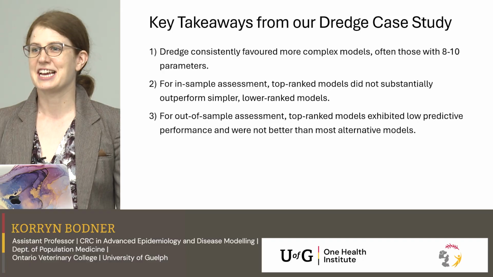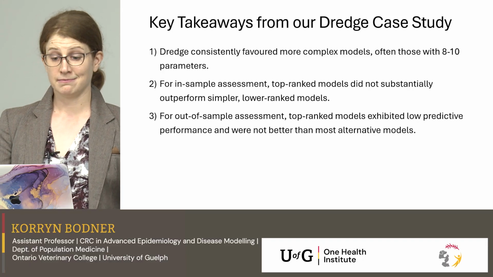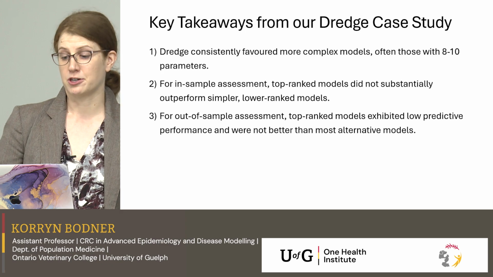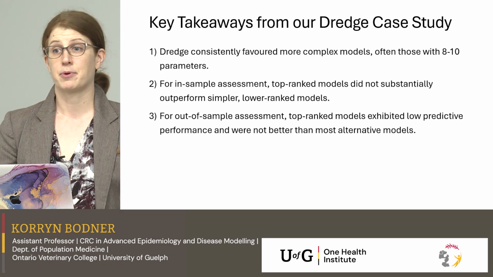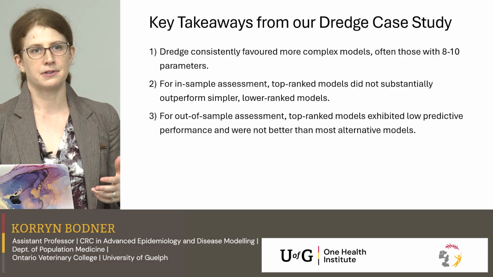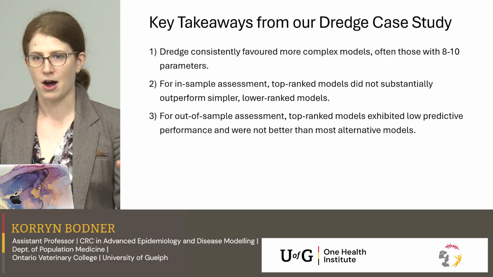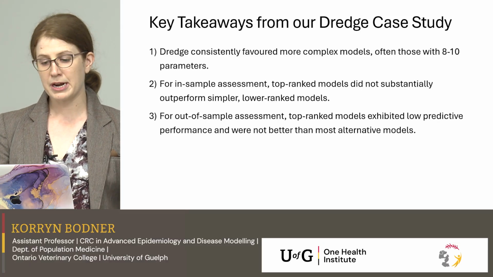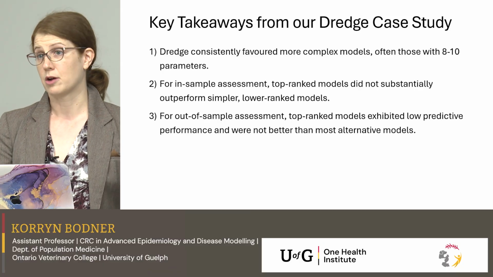So what are our key takeaways overall from this study? Well, first, dredge consistently favored more complex models, often those with 8 to 10 parameters. Second, for our in-sample assessment, looking at our exploratory and hypothesis-driven models, top-ranked models did not substantially outperform the simpler, lower-ranked models.